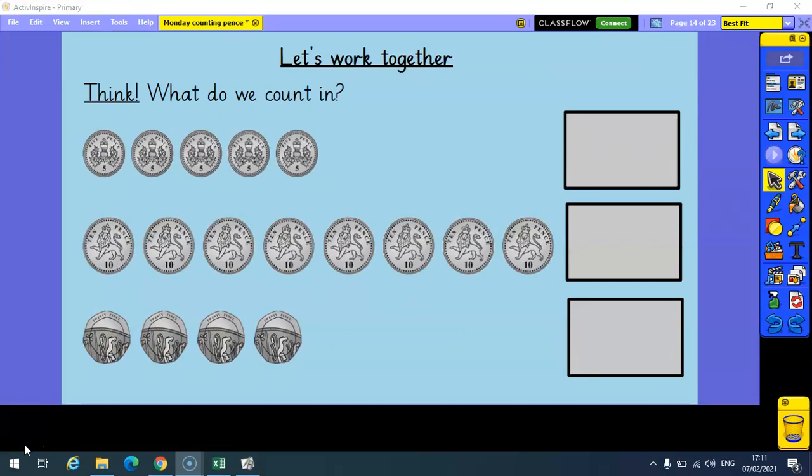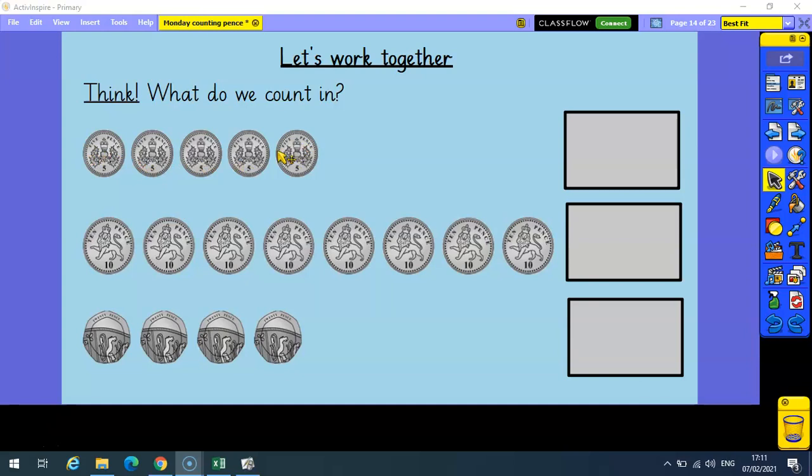Okay, let's do that again. Looking at these rows of coins, you'll notice that we're now counting the silver coins. So we've got 5 pence first, 5 pence, 10 pence, 20 pence. What do we count in?